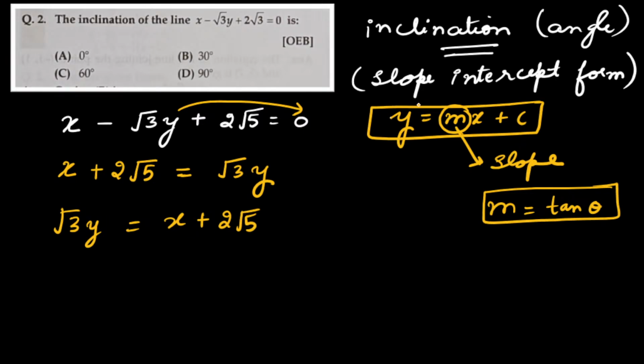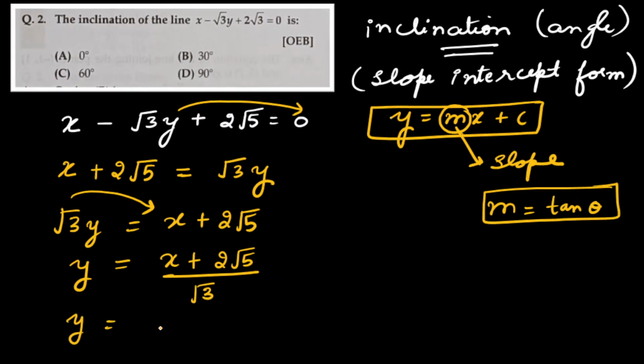Now because only y should be there on this side, this root 3 also we have to shift to the other side. Here root 3 is getting multiplied; when we shift it to the other side, it will get divided. So y equals x plus 2 root 3 divided by root 3. Now this we can write this way: x by root 3 plus 2 root 3 by root 3.